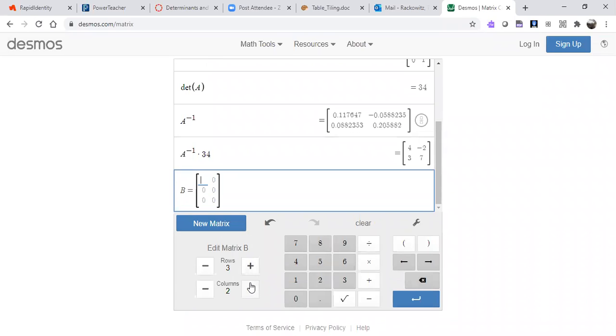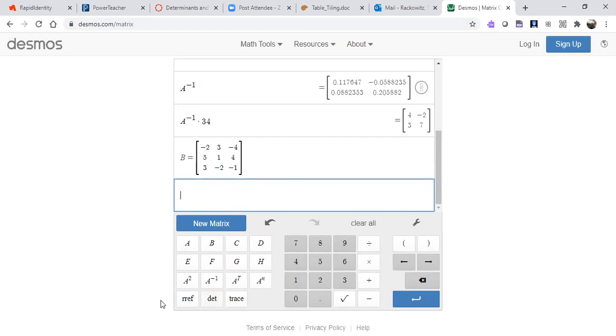If my second matrix is a 3 by 3: -2, 3, -4, 5, 1, 4, 3, -2, 1.